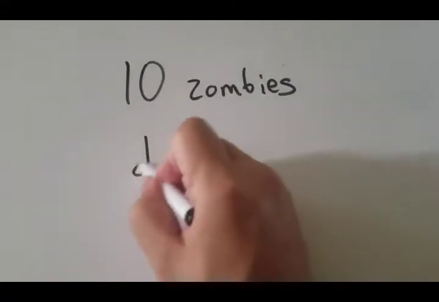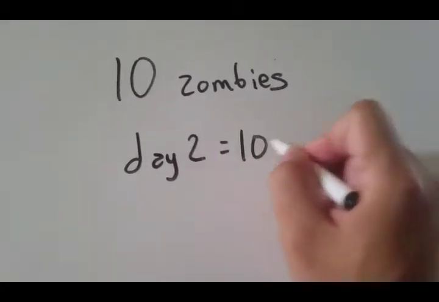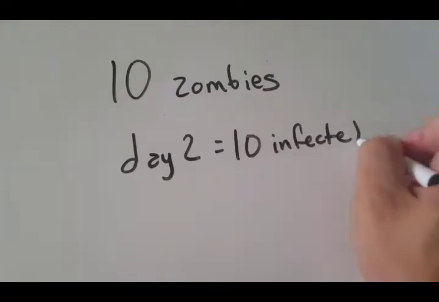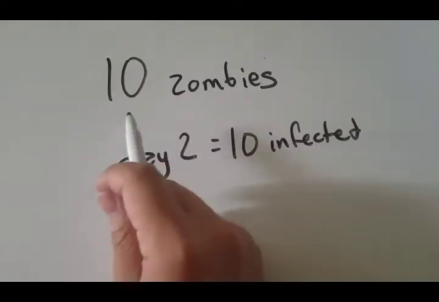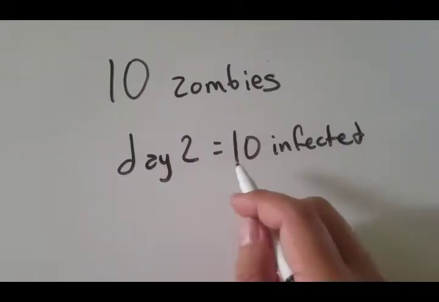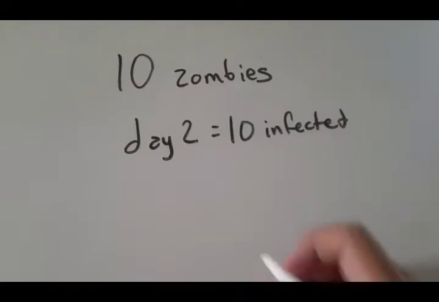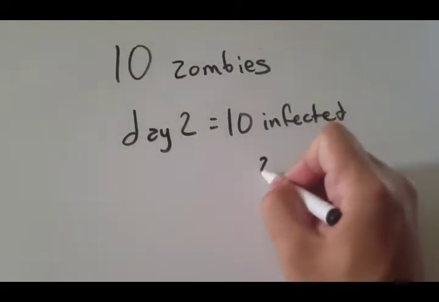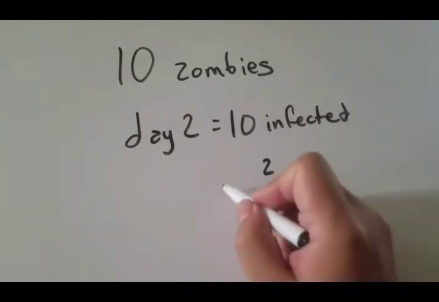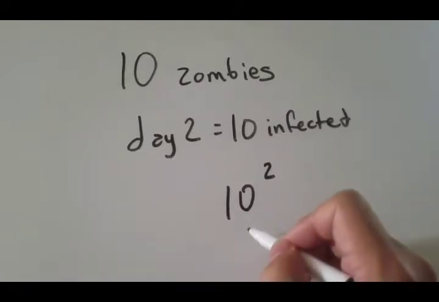So for day 2, 10 more people get infected per zombie. So there's 10 zombies, and each zombie will infect 10 people. To set this up, we put 2 as our exponent, which is the day, and 10 again for infected, which is our base.